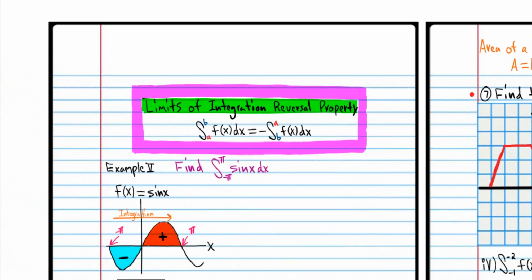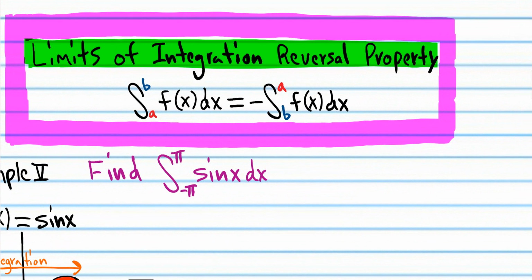So this brings us to this property here. If you reverse the limits of integration, see how we reverse the a and the b? If you reverse, you change the sign of the integral. So this integral here is equal to this blue integral. They are exactly the same, no difference whatsoever, except they're different signs.